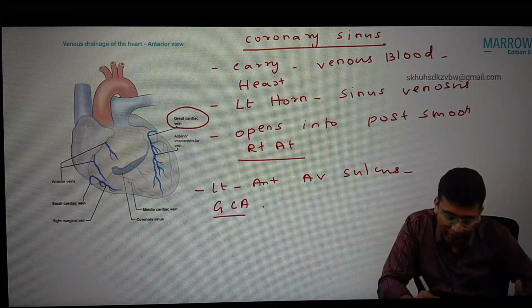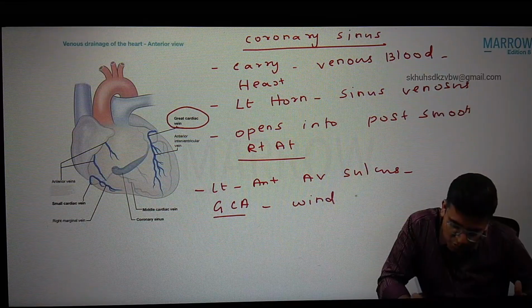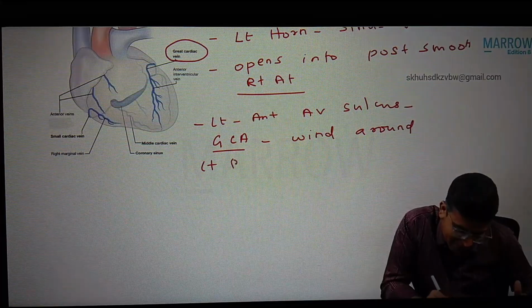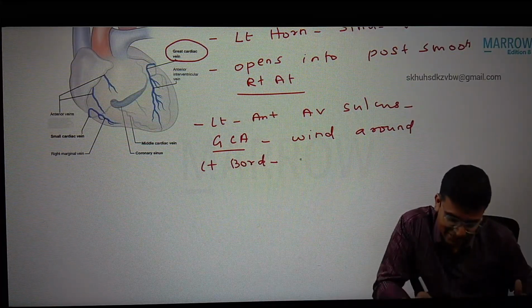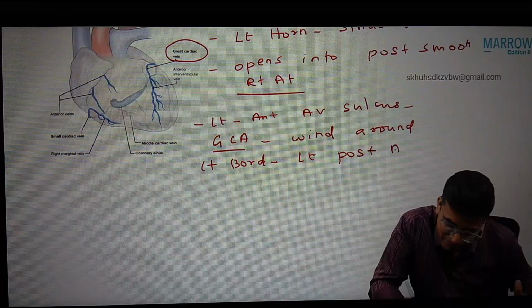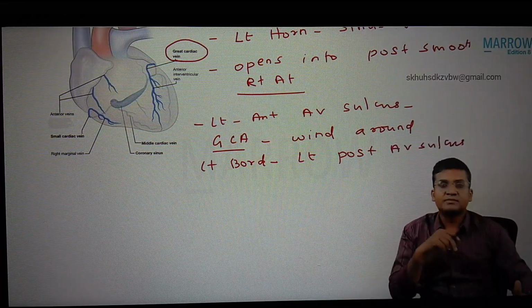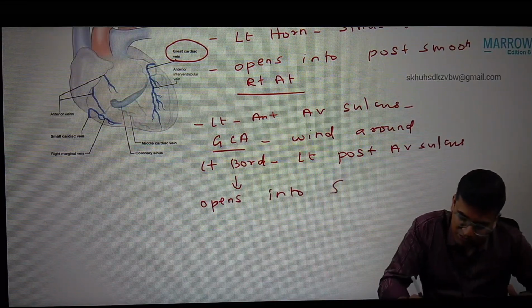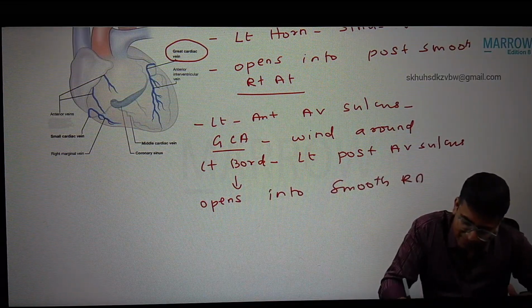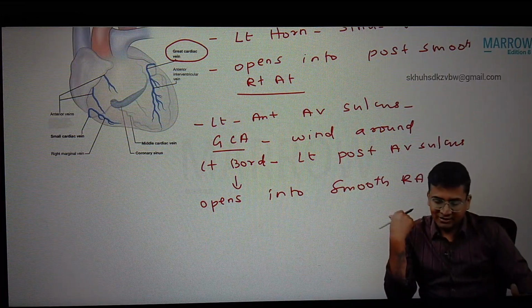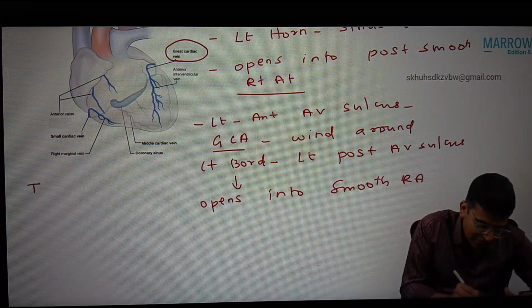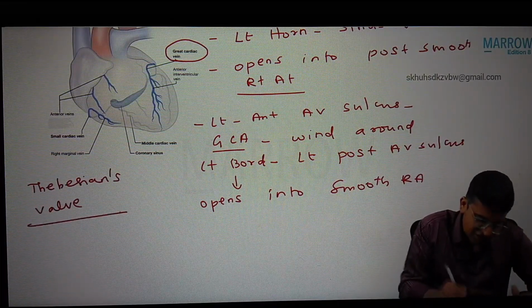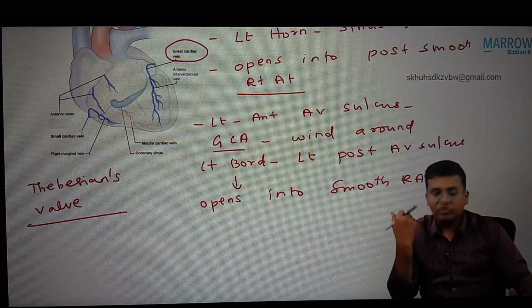After receiving the great cardiac vein, the coronary sinus winds around the left border, descends in the left posterior atrioventricular sulcus, and finally opens into the smooth part of the right atrium. The opening of the coronary sinus is guarded by one valve, called Thebesian's valve.